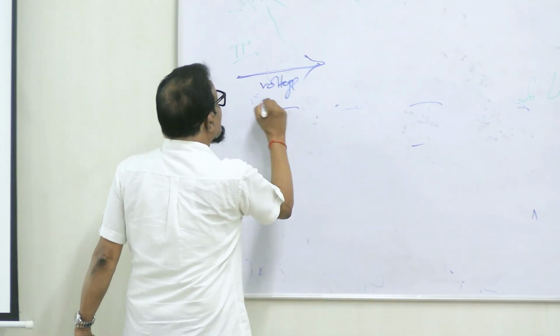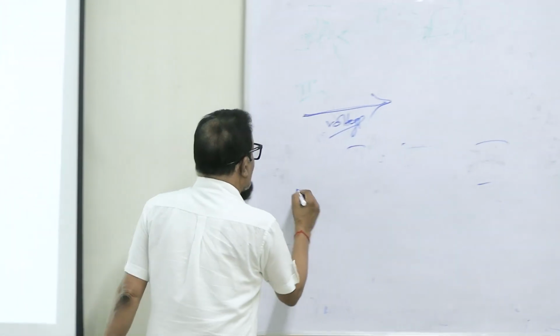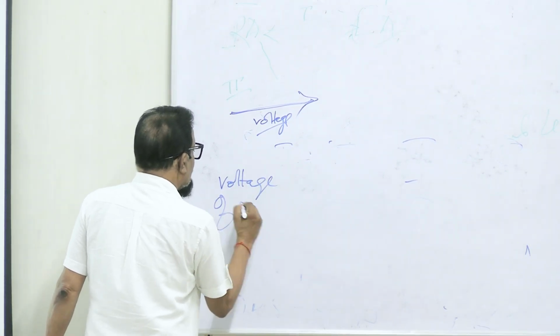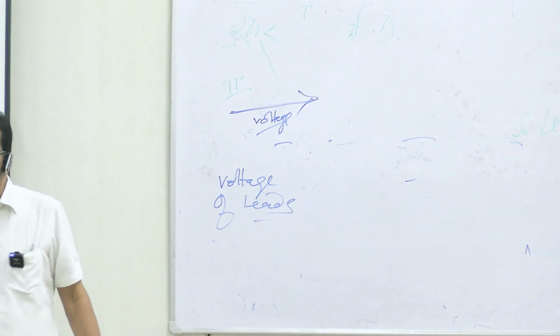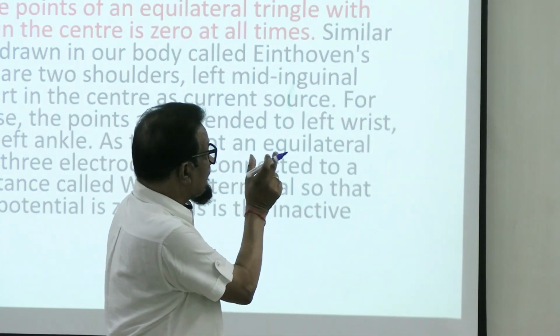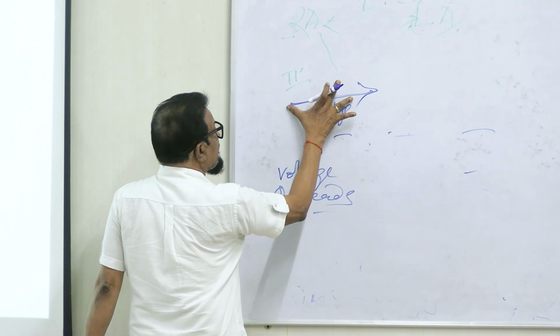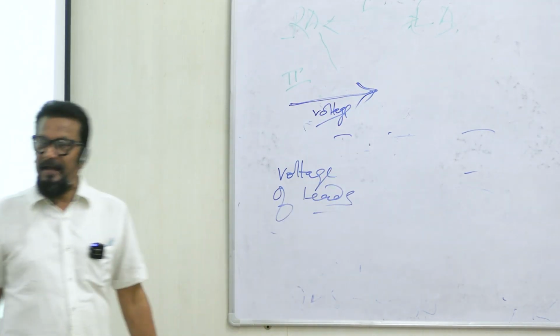You can get this value from the voltage of different leads. From the different leads, you can determine the intensity of this, the strength of this, and the direction of this vector.